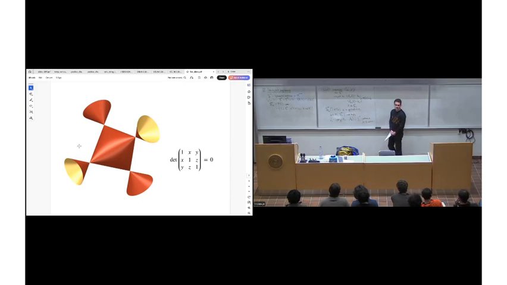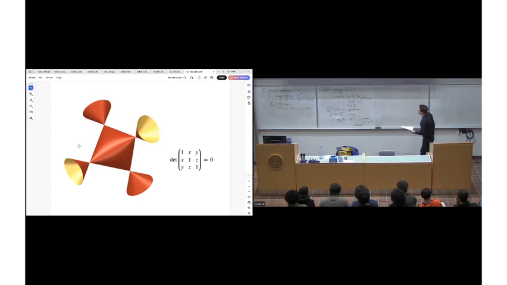I'll leave this as an exercise, but that assumption ensures that our spectrahedron is bounded and therefore compact. And that has the advantage that our minimizer exists for any W.